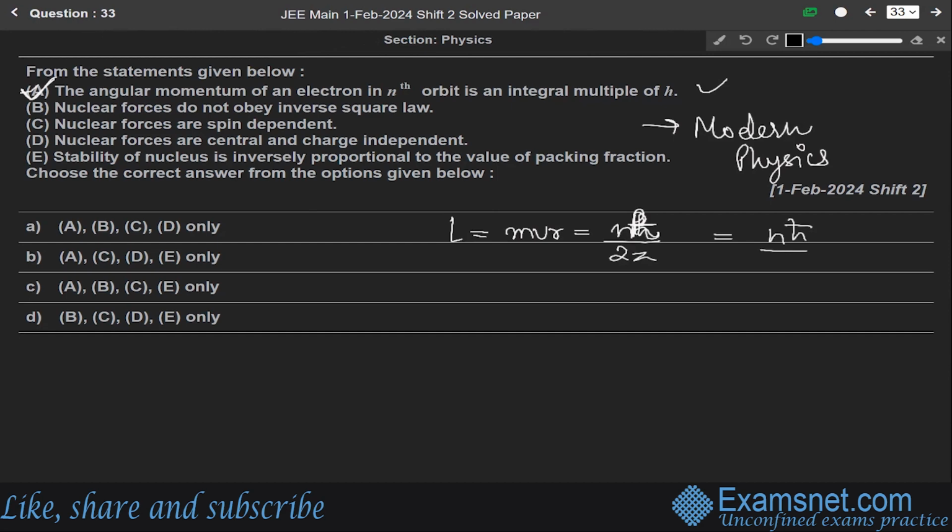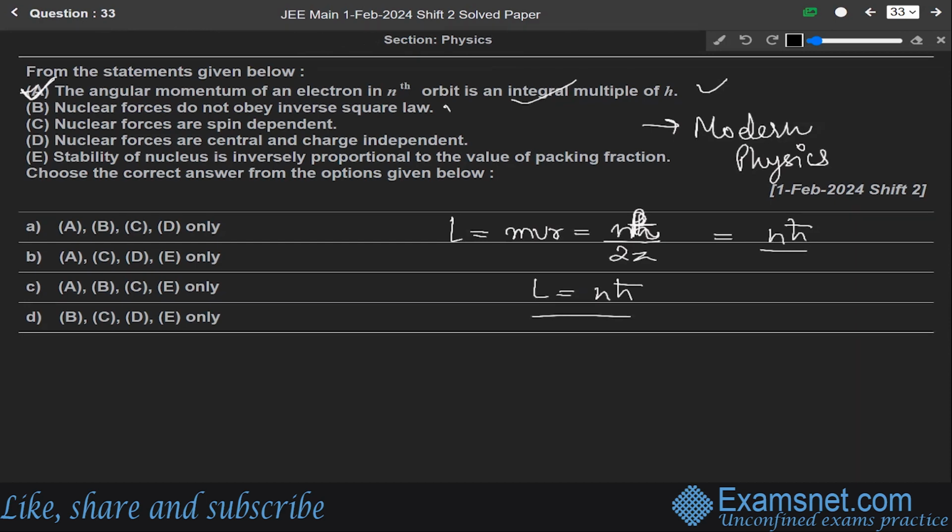According to Bohr's quantization, angular momentum L is an integral multiple of h over 2 pi, means L equals n into h cut. So this option is correct. And the second statement is nuclear forces do not obey inverse square law.